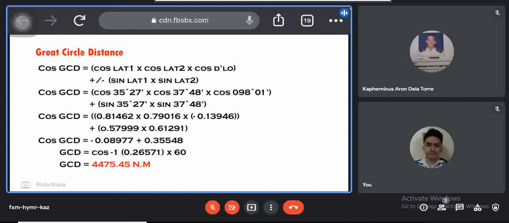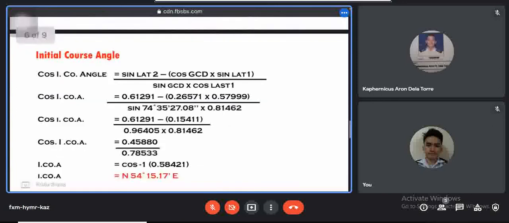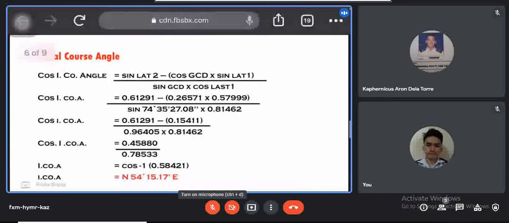After that, the answer is 0.26571. Then we press shift cos minus 1, then times 60. The final answer for the great circle distance is 4,475.45 nautical miles. For this topic, I will let another cadet discuss the initial course angle.